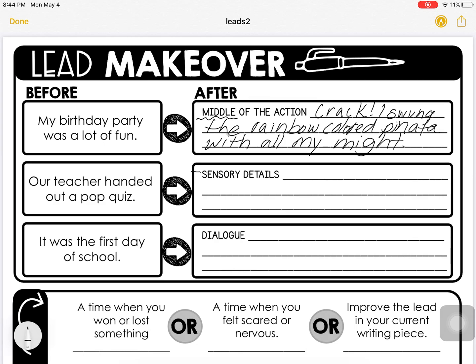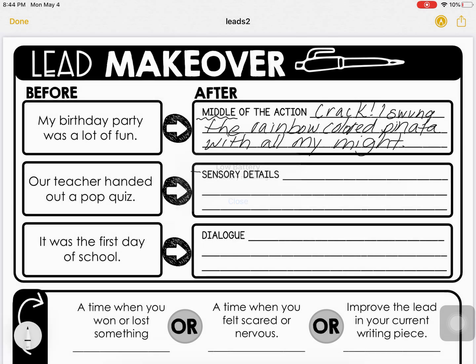For sensory details, remember that's what you see, hear, smell, taste, touch. You don't have to include all 5 in your lead, but try to include a couple. Our teacher handed out a pop quiz, and definitely talk about that would make me nervous. So maybe your palms would sweat, or you'd have butterflies in your stomach. Tell me how you were feeling there as a good sensory detail lead.